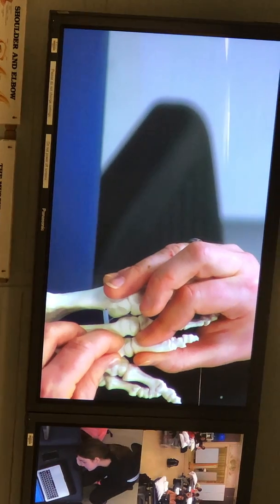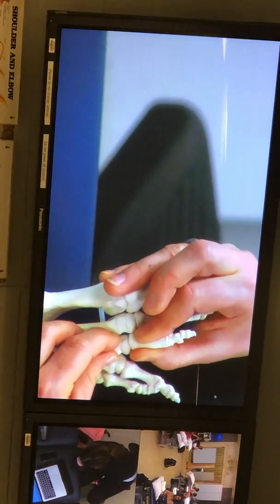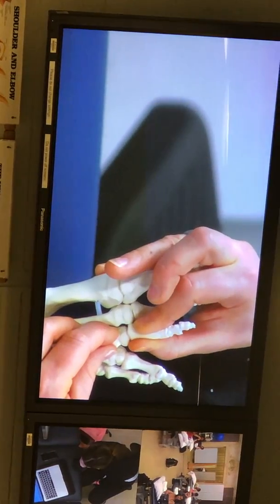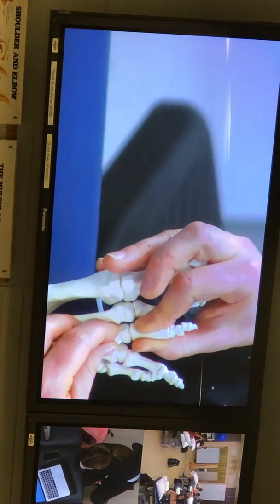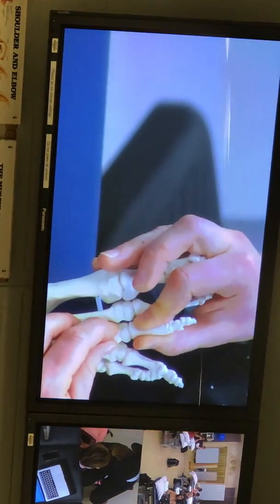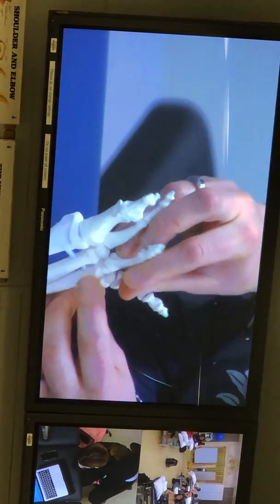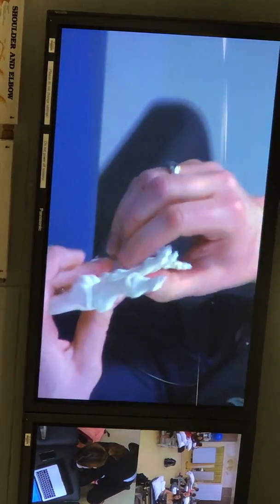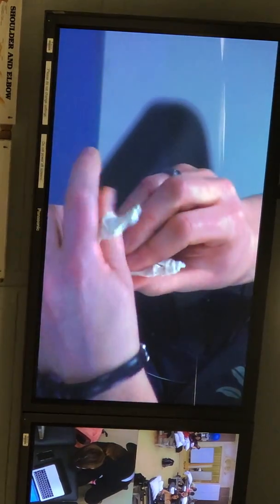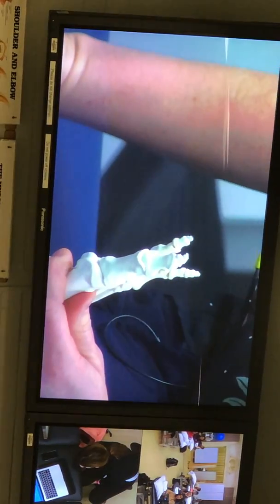I bring it into slight extension, and then I do a medial glide when I move towards the second toe, and a lateral glide when I move towards the lateral toes. If I'm doing a plantar glide, you won't be able to see it, but I think it was clear with the first one. So that's for the MTPs.